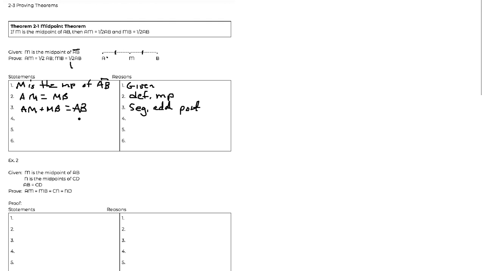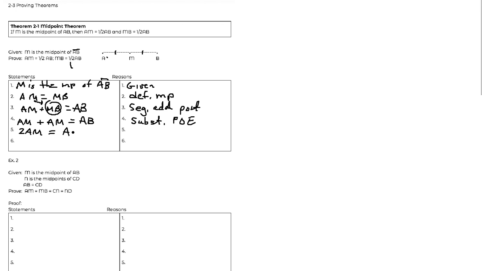All right, now, because AM and MB are equal, we can replace this MB right here with AM. So we're going to get AM plus AM equals AB. I just did a substitution. See how I substituted? AM is equal to MB, so instead of writing MB, I wrote AM. And that's just our substitution property of equality. And then we can add these together, so we get 2AM equals AB.